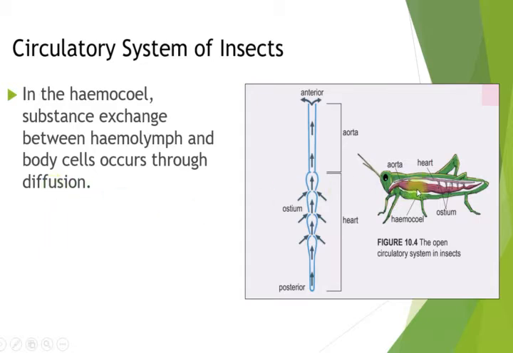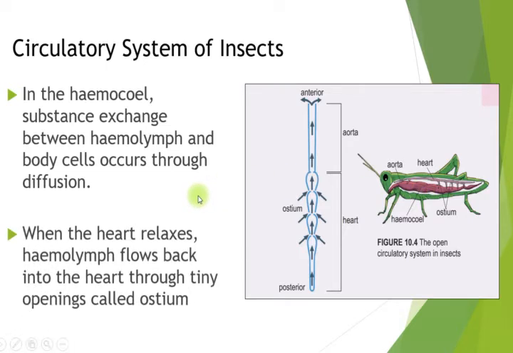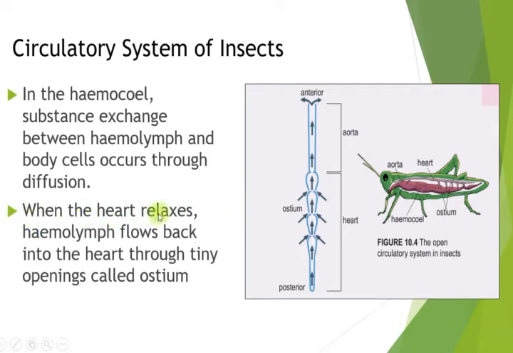Let's take a look at this one. This refers to the hemocoel, whereby the hemolymph flows into it. And what happens there? The exchange of the nutrients occurs between the hemolymph and the body cells by simple diffusion. When the heart relaxes, it becomes a little bit bigger in size.